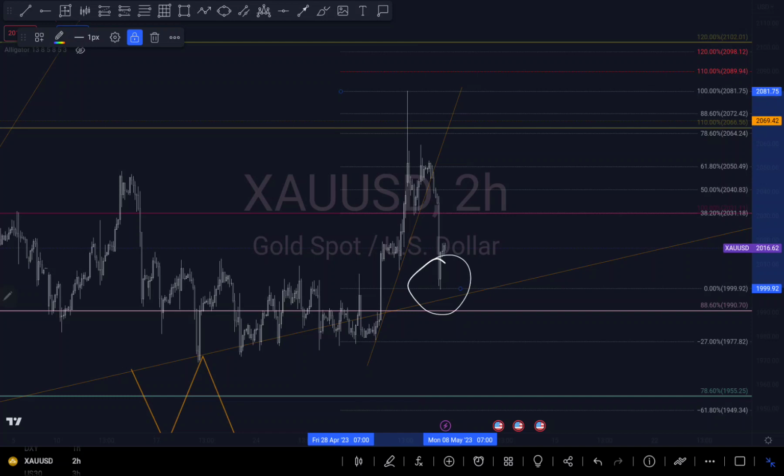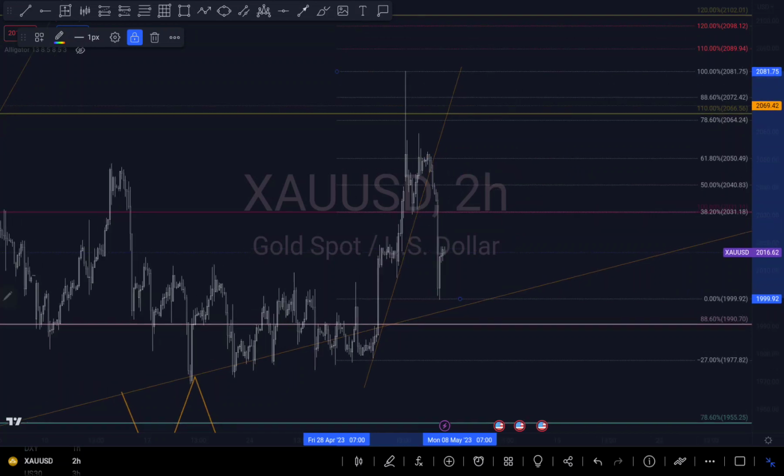Since I'm seeing a bullish move at this level, I'm thinking we might start rejecting of that level. So I want to see a retracement to around this level, which is around the 61.8% level, because of the imbalance around that area. That's a possibility that we might see.